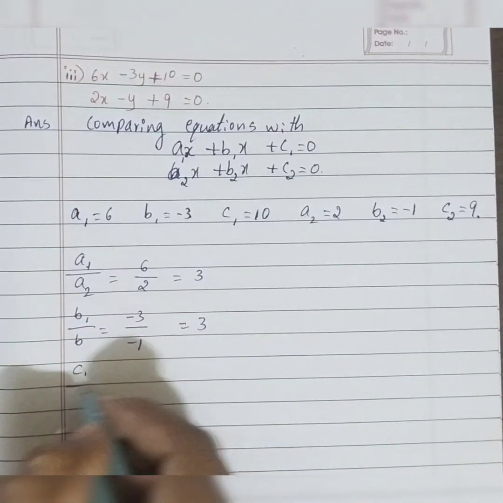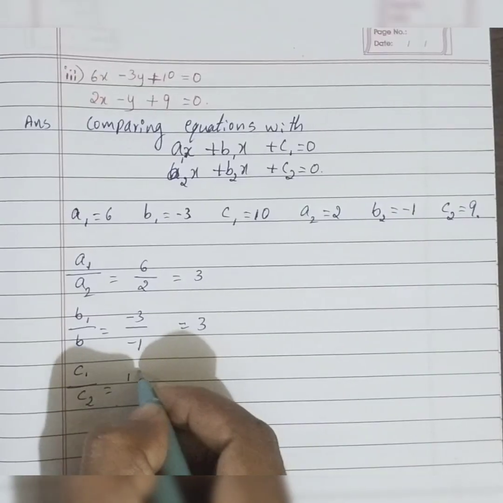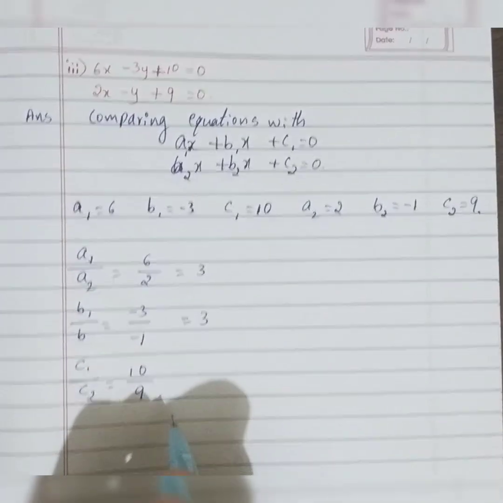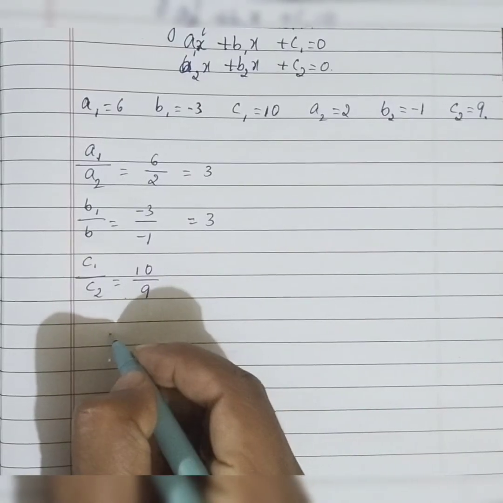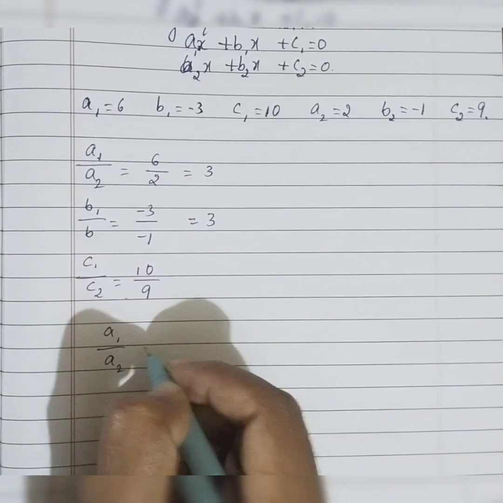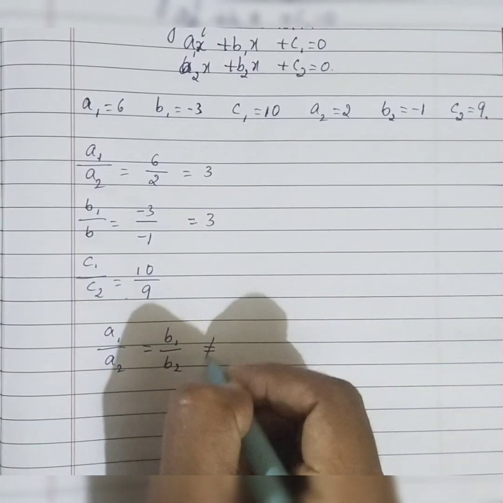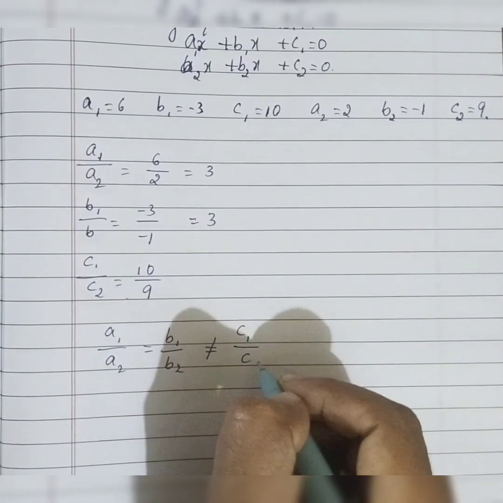And c1 divided by c2 is equal to 10 divided by 9. We cannot simplify this 10 divided by 9. So we obtain here a1 divided by a2 is equal to b1 divided by b2, but it is not equal to c1 divided by c2.